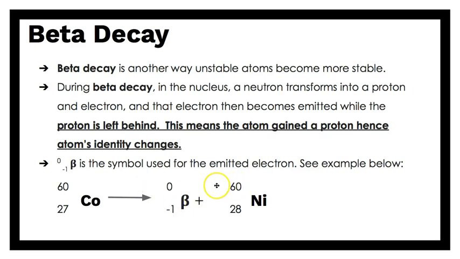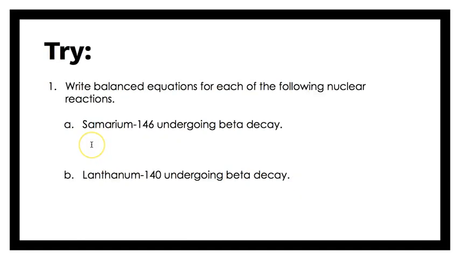So the mass is unchanged. The only thing that changes is that you gain a proton, so you change the identity, and then you lose an electron.